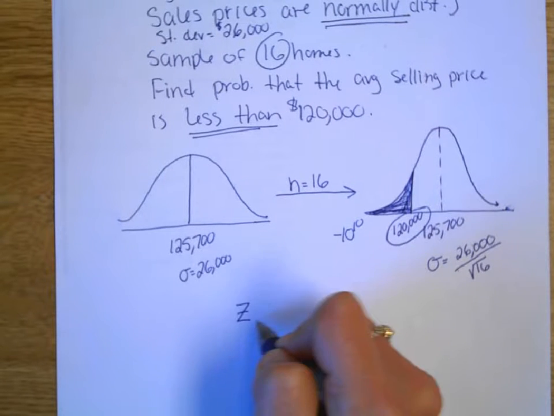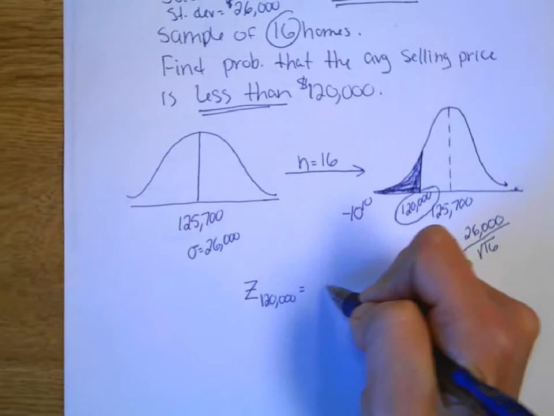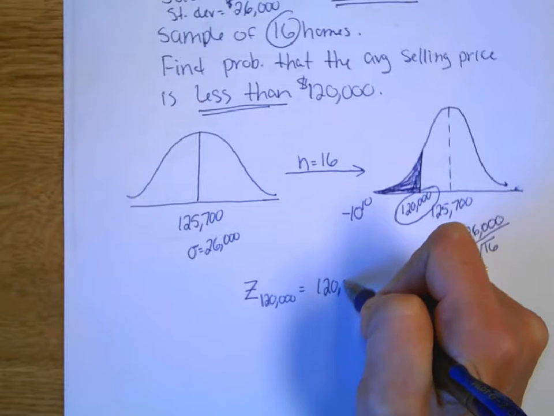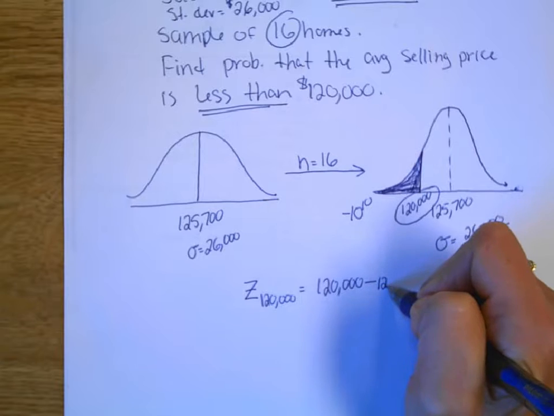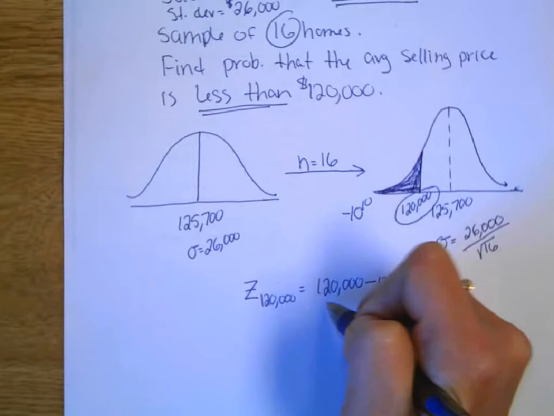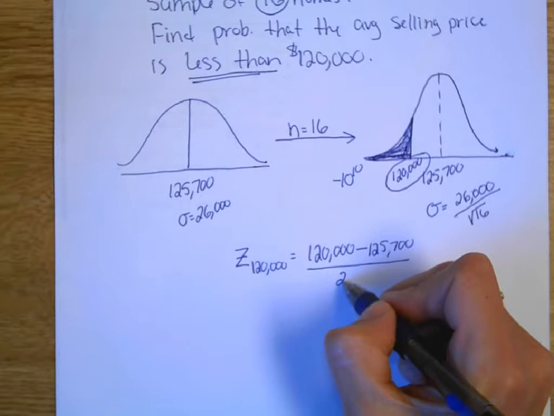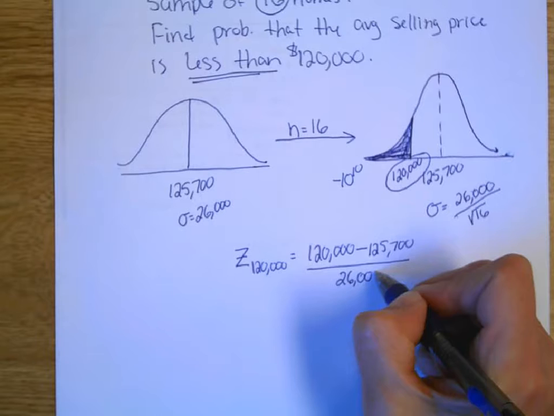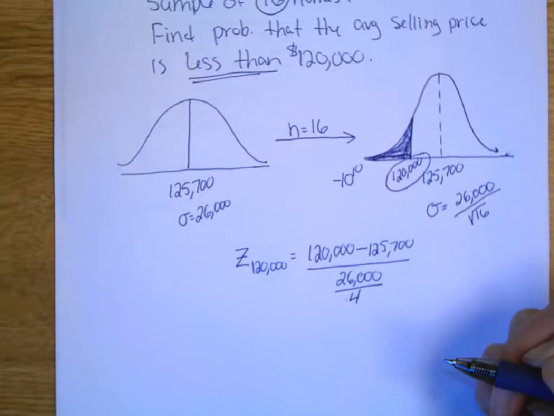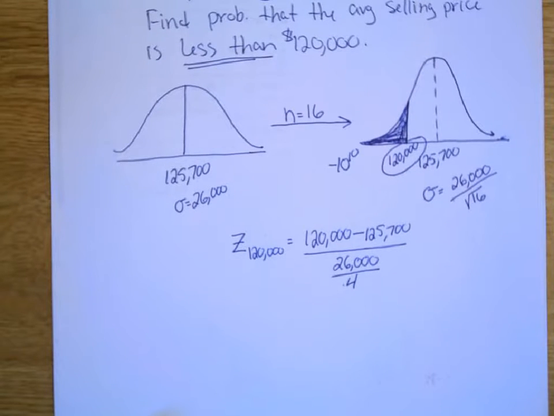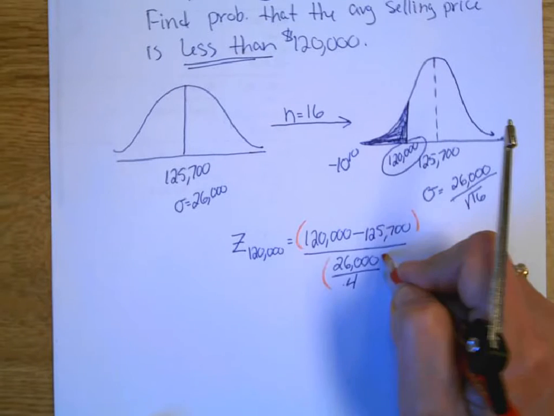So the z-score for 120,000 is 120,000 minus the mean 125,000, divided by this new standard deviation, 26,000 over the square root of 16. Well, I could just put a 4 there. You okay with that? Yeah. And just don't forget your parentheses. You need them around the top and around the bottom.